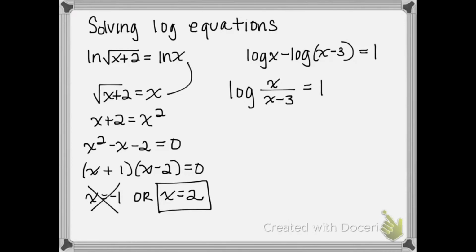So this is base 10, right? It's an understood base 10. 10 to what power? Well, it says to the first power in this case. 10 to the first power is equal to this argument. So using the properties of logarithms, I can say that x over x minus 3 is equal to 10.